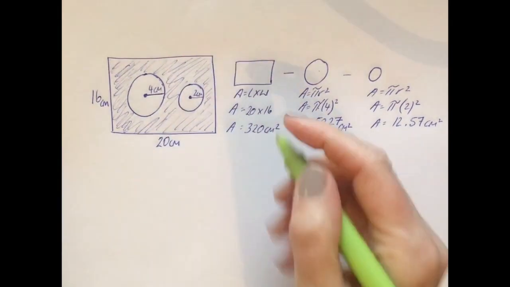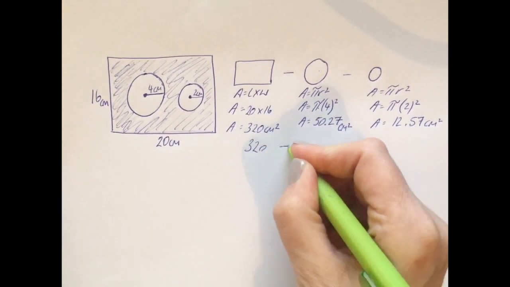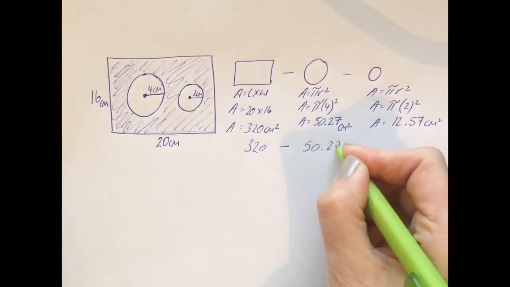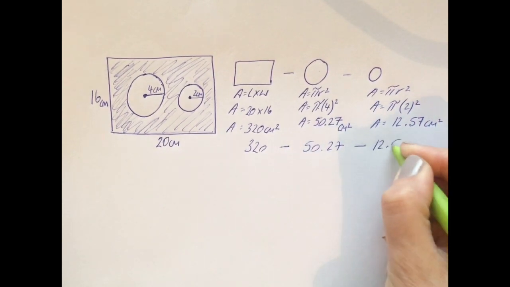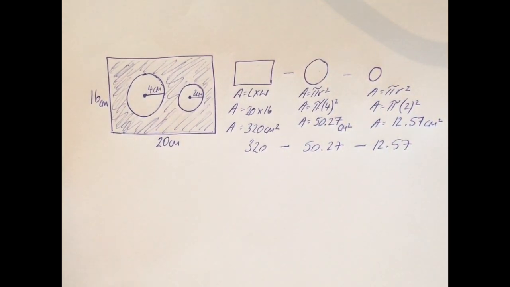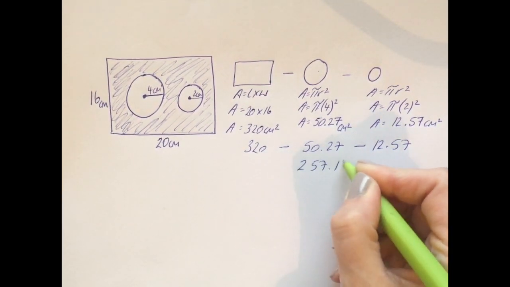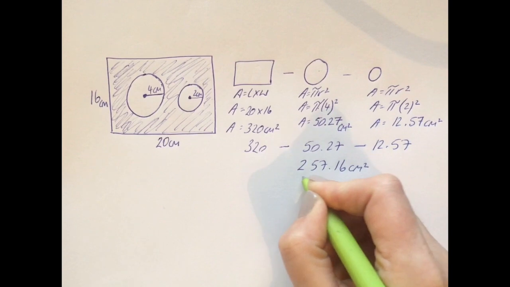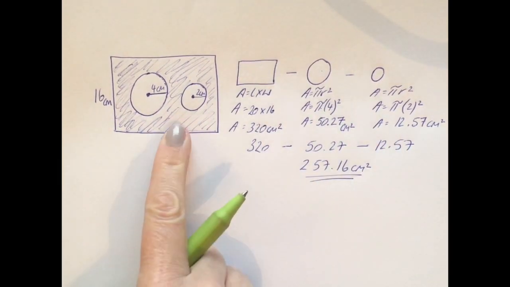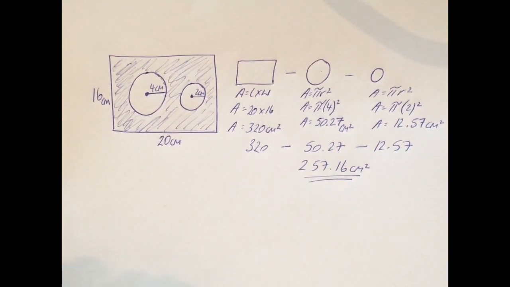So now I'm going to do 320 subtract 50.27 subtract 12.57. That gives me 320 minus 50.27 minus 12.57 equals 257.16 centimeters squared. And that's how I tackle those in between areas.